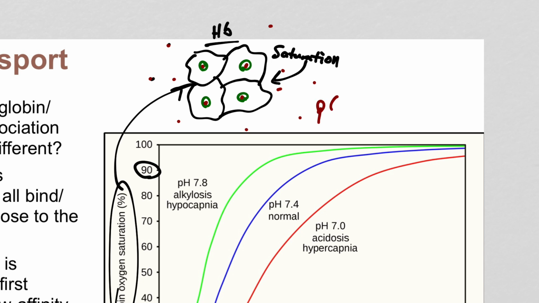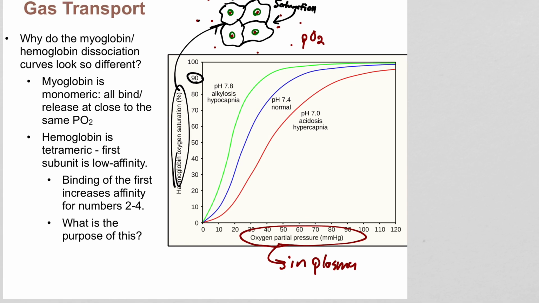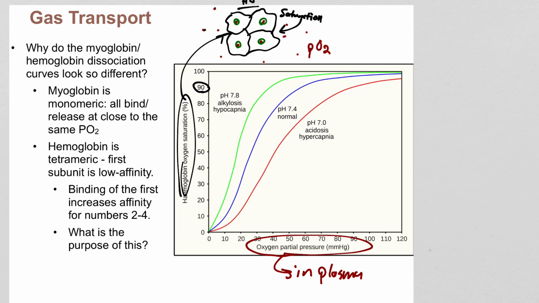That's PO2, that is the x-axis, oxygen partial pressure in the plasma. So main point is your oxygen can exist in 2 different states. It can be floating around in your plasma, just dissolved in water. That's PO2. Or it can be bound to hemoglobin.